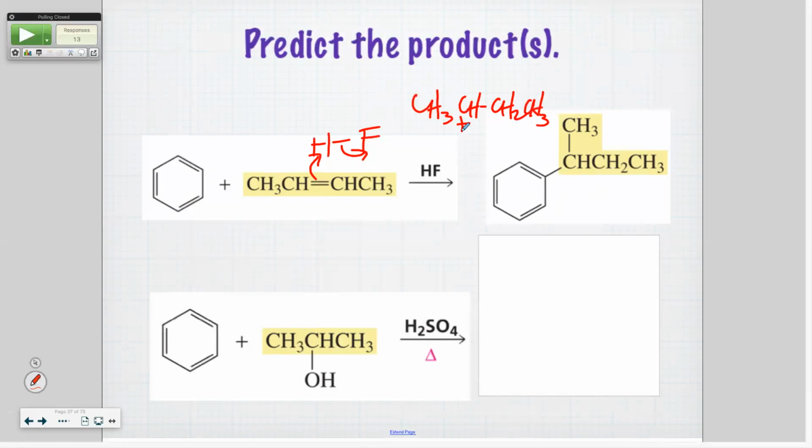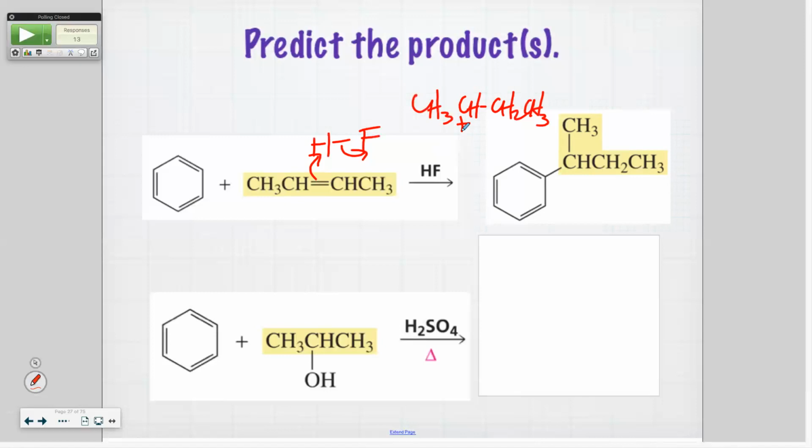Now, it wouldn't work real well with HCl or HBr or HI, because what else do you get off of this? You get a halide ion, F minus. If you had chlorine, bromine, or iodine, they would add to the carbocation. But fluoride is a crappy nucleophile. So because of that, this one works.